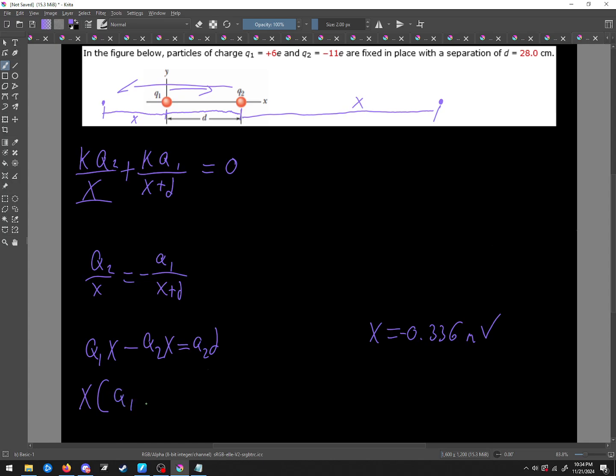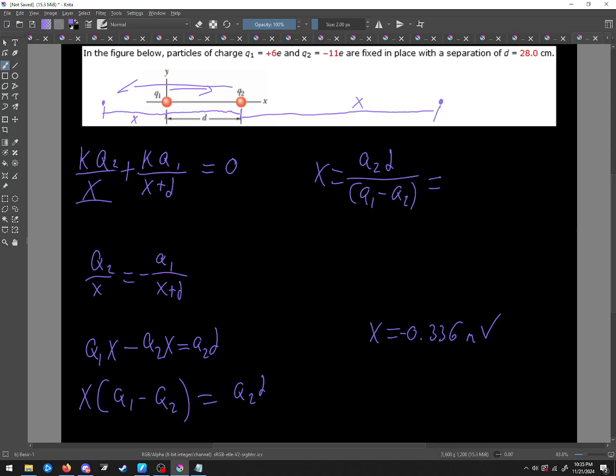This would be Q1 minus Q2 equals Q2d. So now what we have is x equals Q2d over Q1 minus Q2, which we can just plug and chug now.